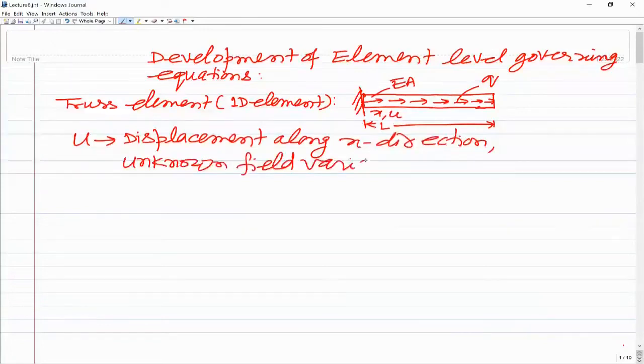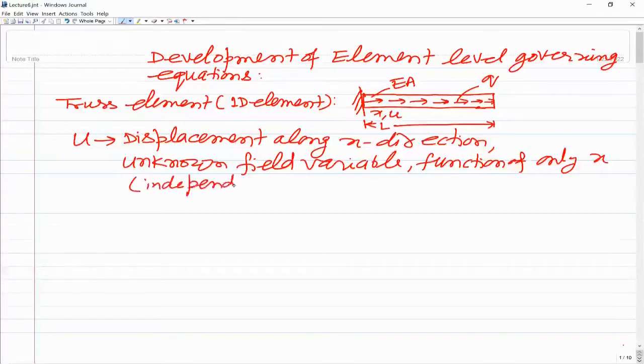This is the only unknown field variable, and it is only a function of the x coordinate, x, which we call the independent variable, and the range of x is known.